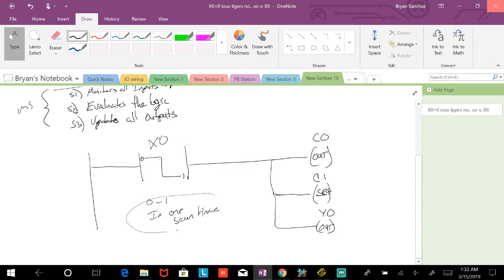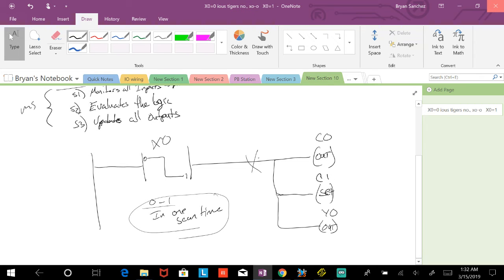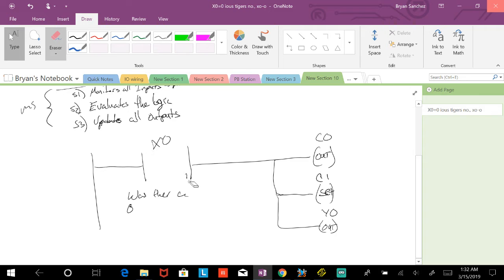If a transition does not happen, this is not true. Okay? So the question that this instruction asks: I put a 0 there, it should be like this, and it should be 1 to 0.